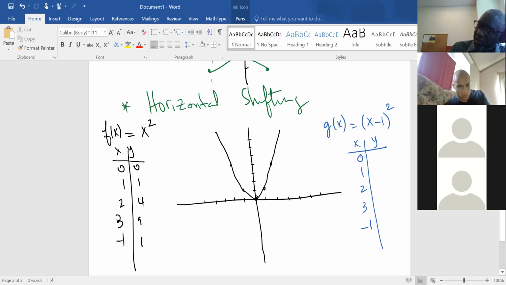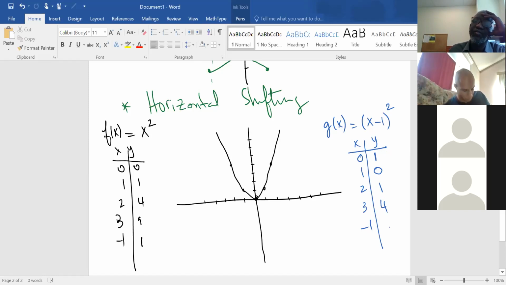Okay, go ahead. Now plug in the right table. How much is f of 0 for the right table? 1. f of 0 is 1, right? How much is f of 1? 0. Thank you. f of 2? 1. f of 3? 4.